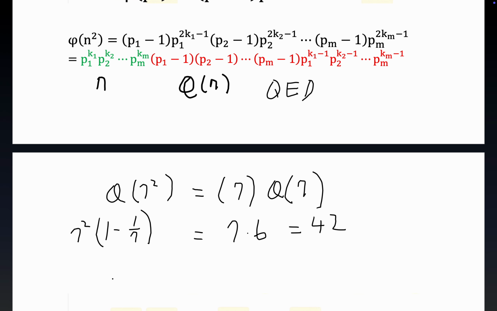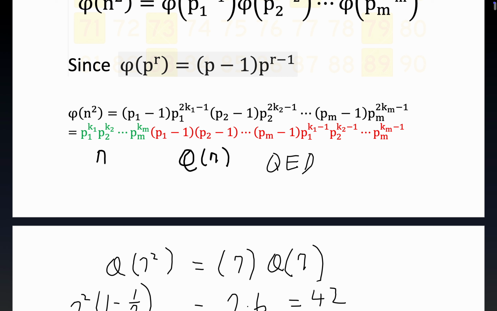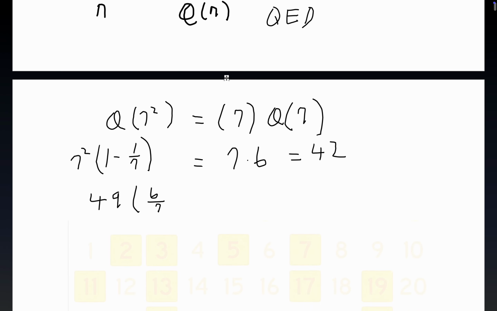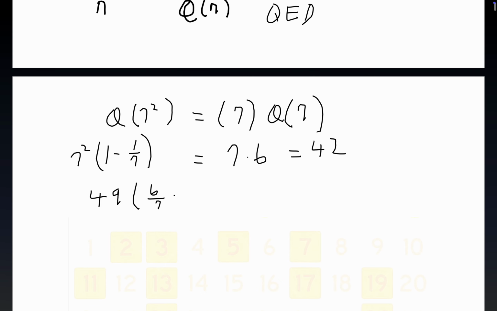So this would be 49 times 6 over 7. And again, this result is just this result written by multiplying by p and dividing by p at the same time, maybe. But that is also equal to 42.